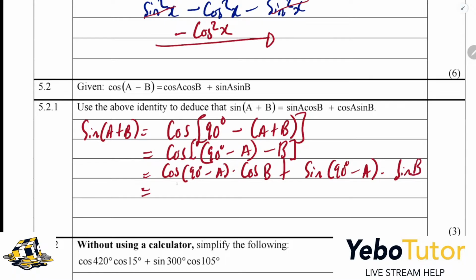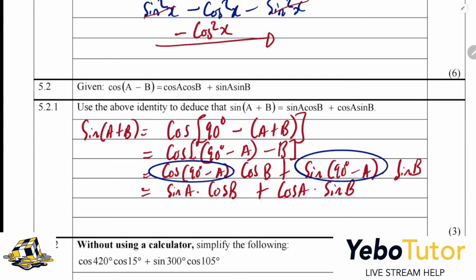So this will now be sine of A times cos of B plus cos of A times sine of B, because this is also again an identity. All right, so again we use the co-ratio part here as well. We use the co-ratio, then we can solve the problem which we have.